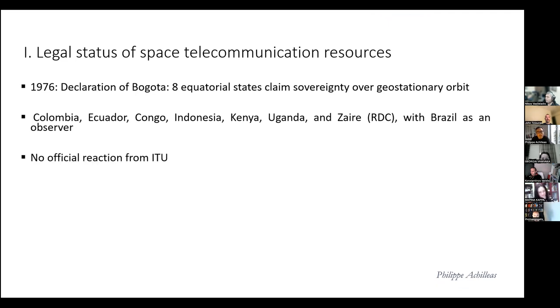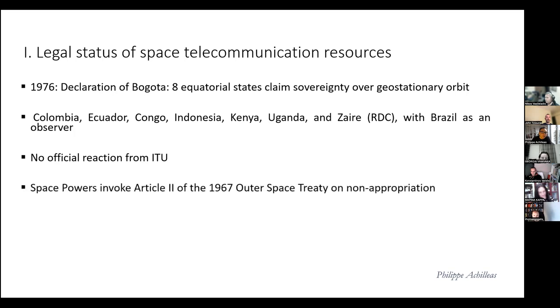ITU said it's not a question of telecommunications law; it's a question of space law. So we will not debate the question. But at the United Nations, it has been recognized that the Outer Space Treaty and its Article 2 invalidate the Bogota Declaration.